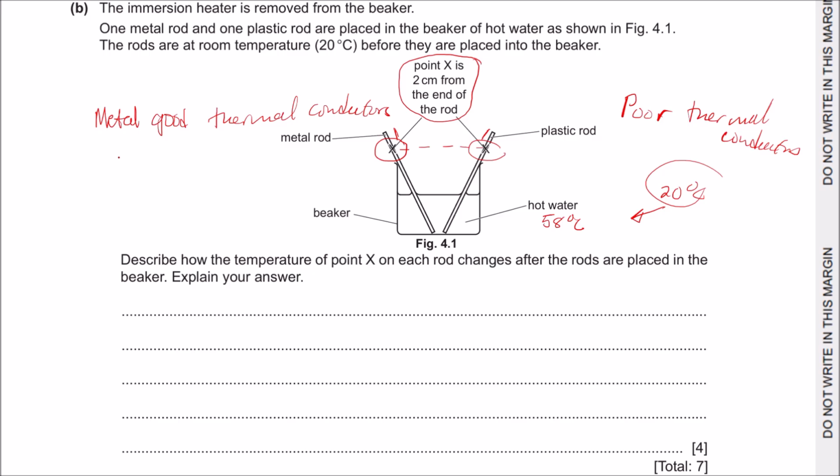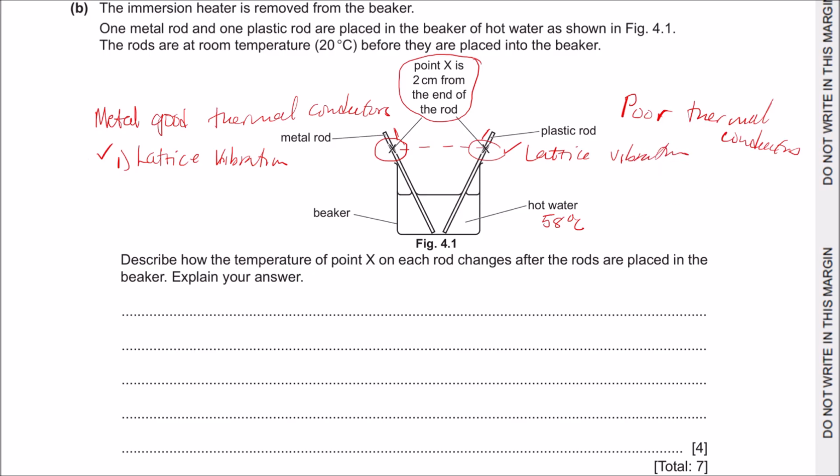Conduction moves through, number one, lattice vibrations. In other words, heat is moving from point to point through vibrations of particles. So this happens in metals as well as in plastics.